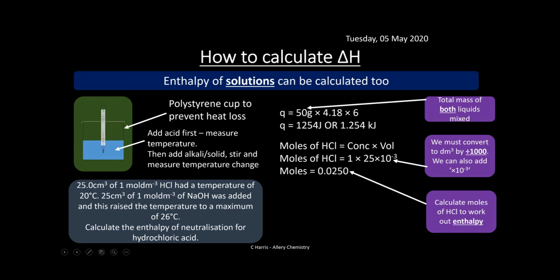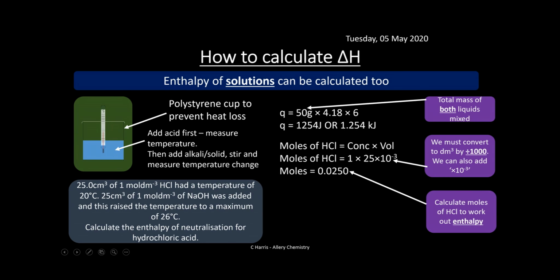We do that by multiplying by 10 to the minus 3. I like doing it this way. You can just divide by 1,000, but I like to add times 10 to the minus 3 at the end, and it means you can punch it all into the calculator in one go. But it's up to you. That's just my method. You can easily just divide by 1,000 and get the same result.